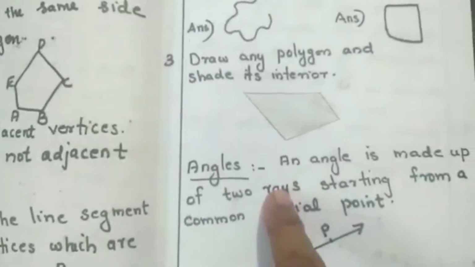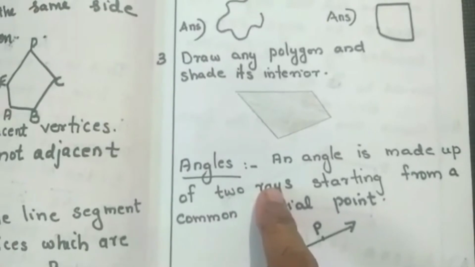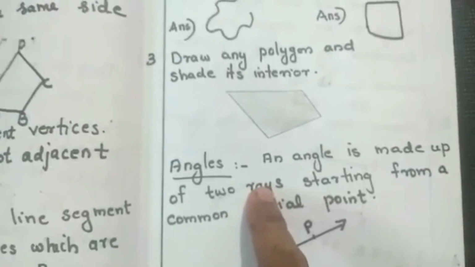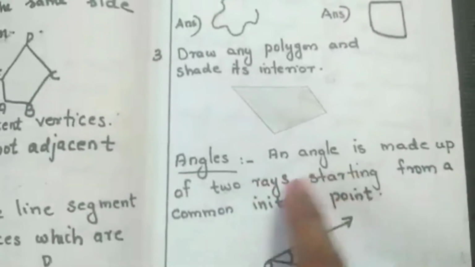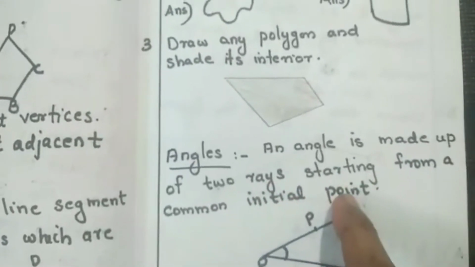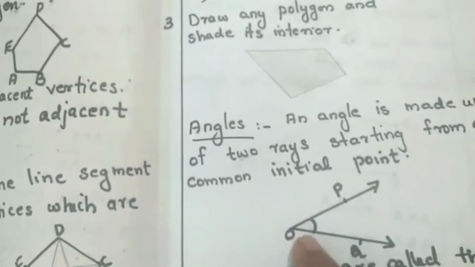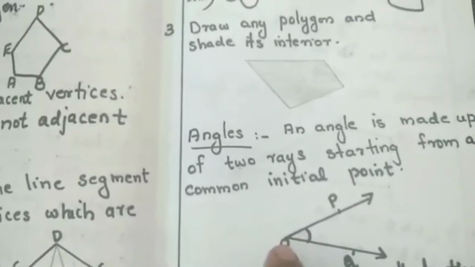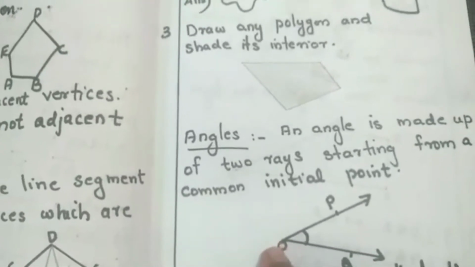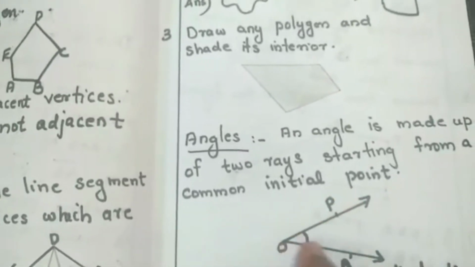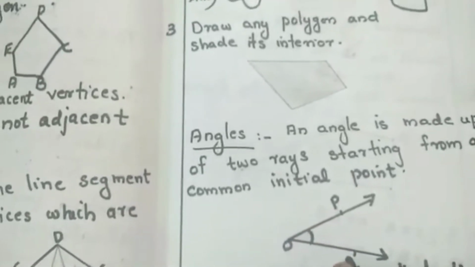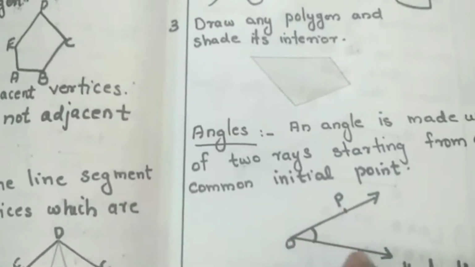The next term is angles. You are familiar with the word angle, but there is a definition for the angle. An angle is made up of two rays starting from a common initial point. OP and OQ meet at the point O, so they have a common initial point O. So we can say this is an angle. POQ is an angle formed by two rays OP and OQ.